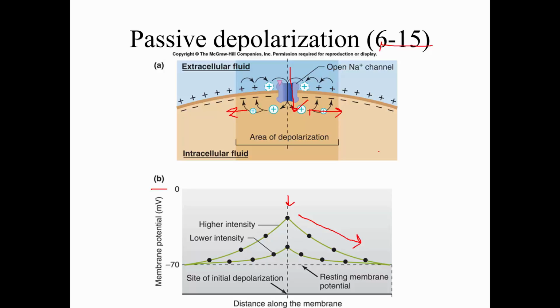So we use a number of words. We can say these depolarizations are graded because they're going to change size, they're going to change magnitude over time. We could say these depolarizations are local because they don't go very far. And that's all under this umbrella of a passive depolarization or passive current flow.